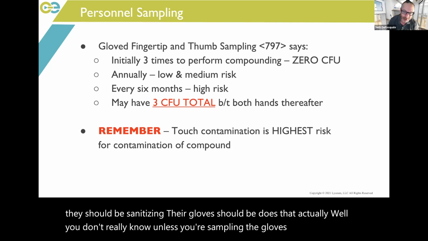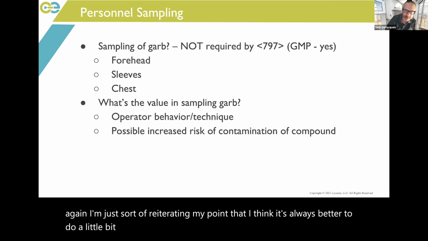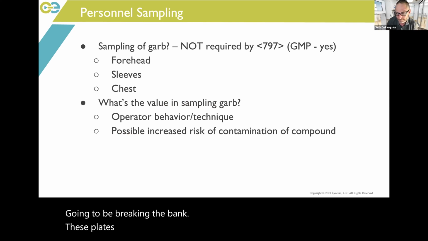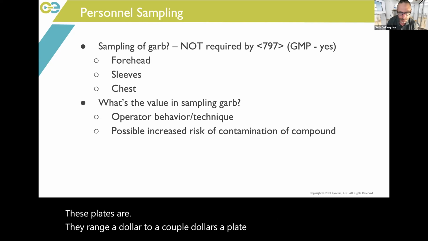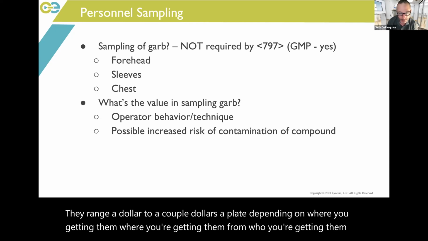So again, I'm just reiterating my point that I think it's always better to do a little bit more. And none of this stuff is so expensive that you're going to be breaking the bank. These plates range from $1 to a couple dollars a plate, depending on where you're getting them from, who you're getting them from, and what brand you're getting.